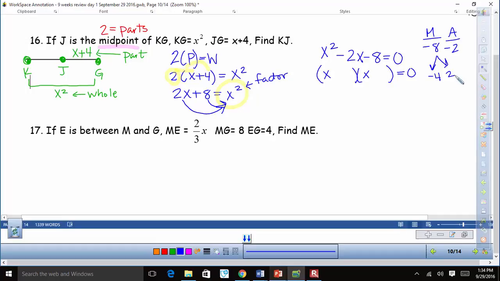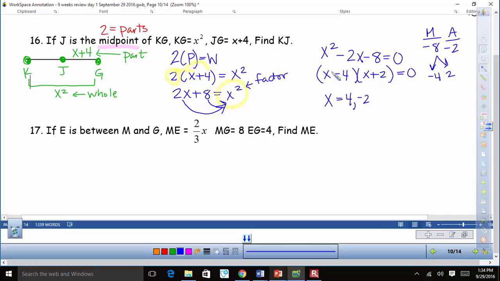Negative 4, positive 2. Okay? All right, so what does that mean this x would equal if we solved? 4. And this one would be negative 2. So it's always the opposite.